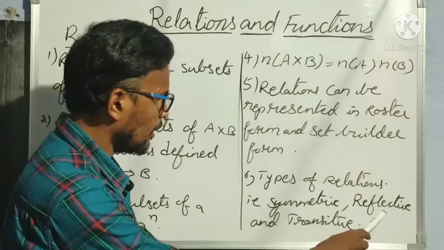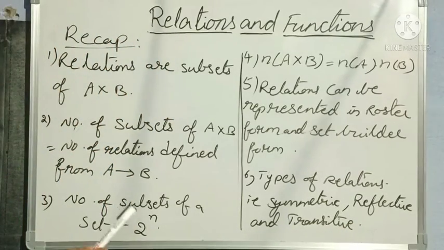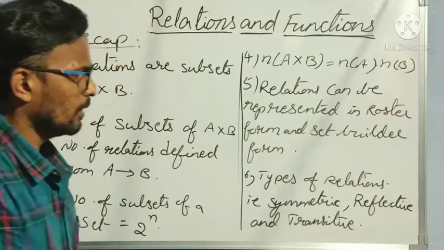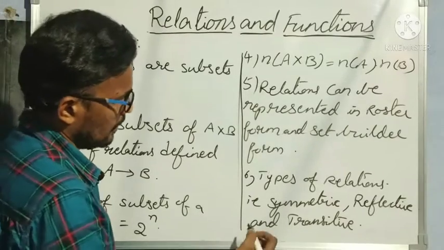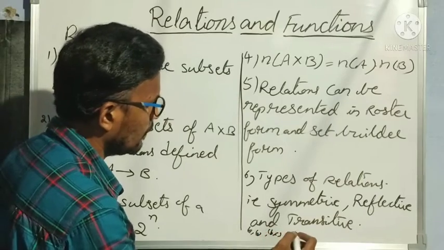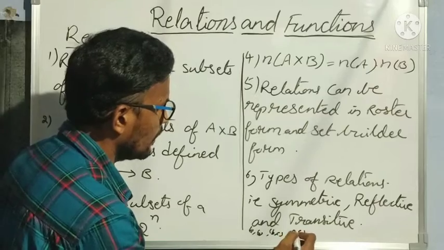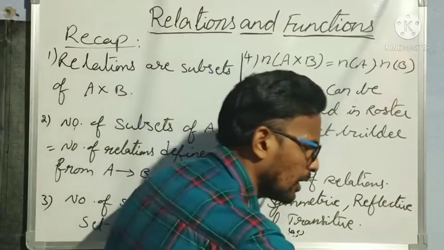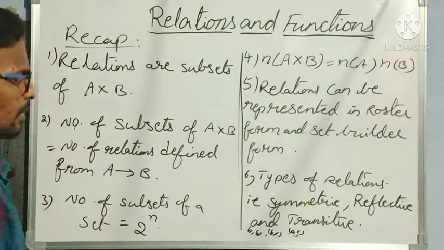Reflexive relation means if a relation from A to B is there, then a relation from A to A must also be present in that relation. Transitive means if the ordered pair A comma B is there and B comma C is there, then A comma C should also be an element of that relation. These are the points we discussed in yesterday's class.